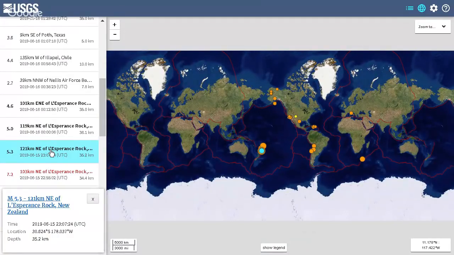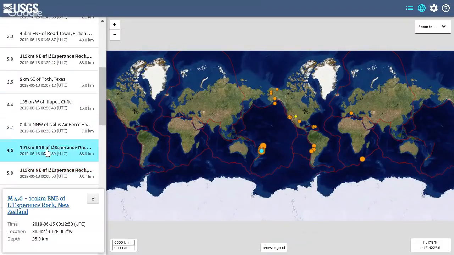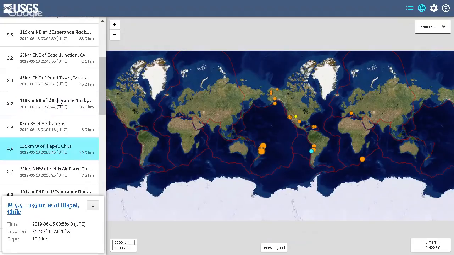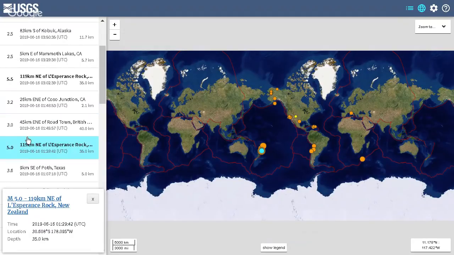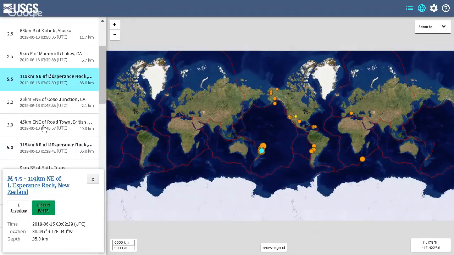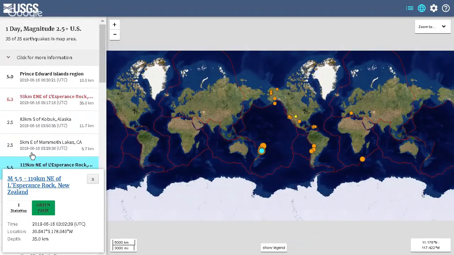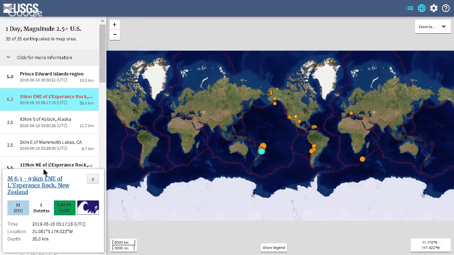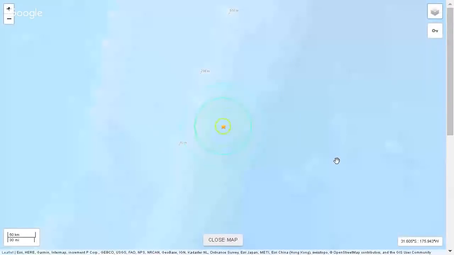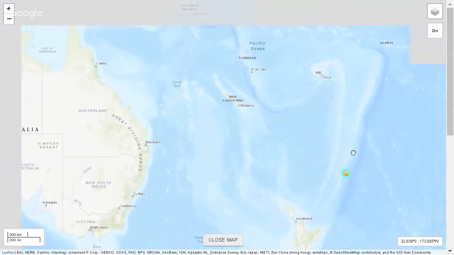So here's another aftershock, 5.3, a 5.0 aftershock, a 4.6 aftershock, all in that same location. 4.4 at Chile, 5.0, another aftershock at New Zealand, 5.5, and most recently a 6.3. So all of those quakes basically in the same spot, very nearby each other.